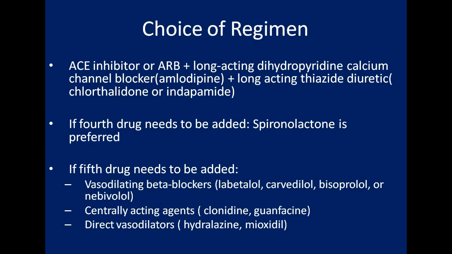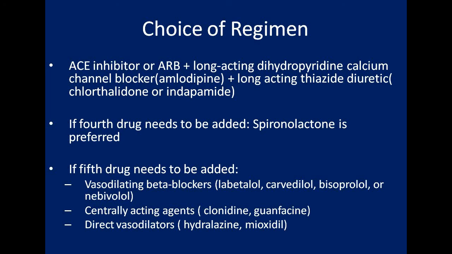Now the choice of the regimen consists of use of an ACE inhibitor or ARB in combination with a long-acting dihydropyridine calcium channel blocker like amlodipine, with long-acting thiazide diuretics like chlorthalidone and indapamide.